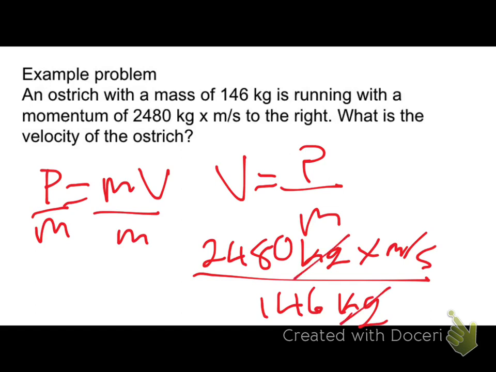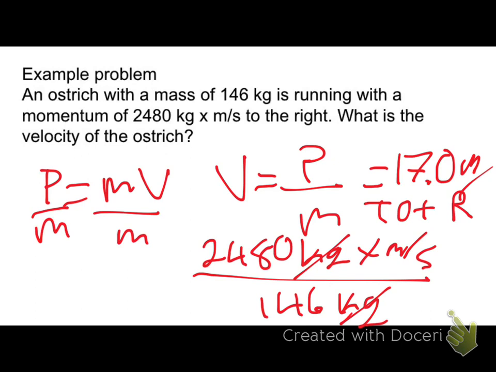There's our dimensional analysis playing in, and we can see we've got the right unit, so we must be doing this problem correctly. And when we work it out, the math should come out to approximately 17.0 meters per second, and the direction to the right. Right. It's going right. Good.